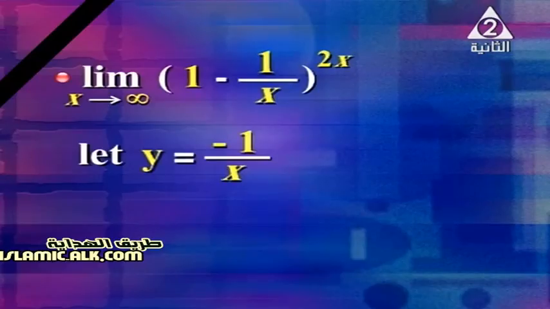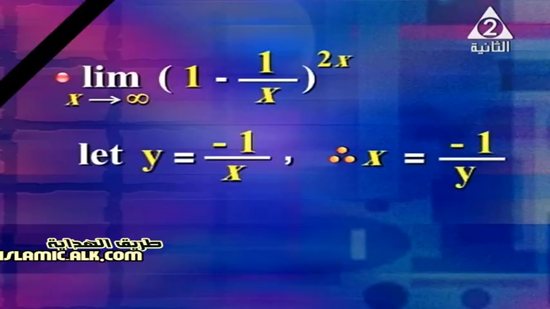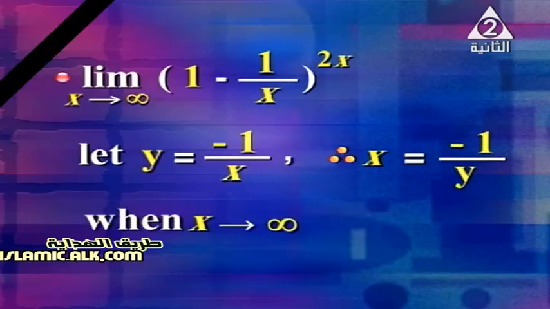The first solution: the limit as x tends to infinity of (1 - 1/x)^(2x). We put -1/x equal to y, therefore x equals -1/y. When x tends to infinity, y tends to 0, because -1 over 0 is infinity.